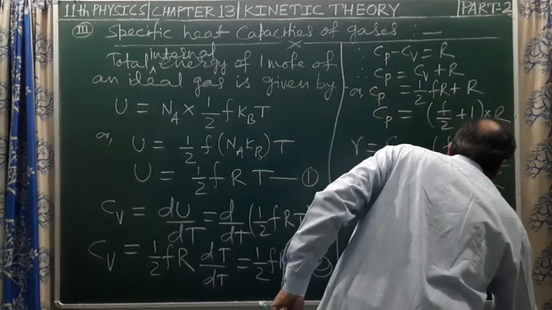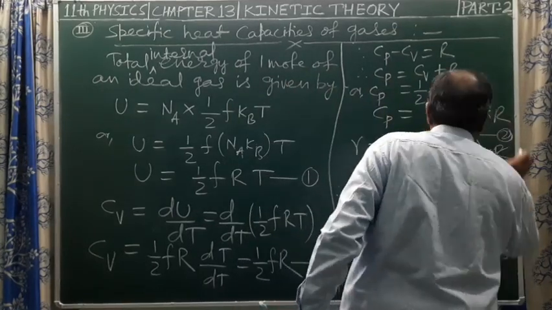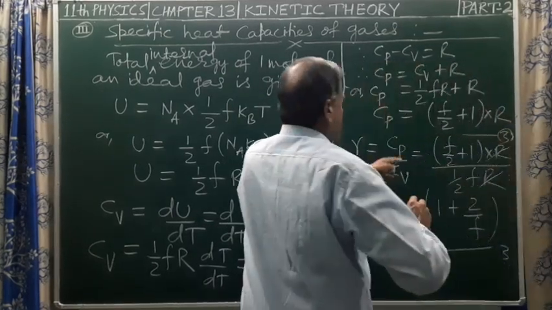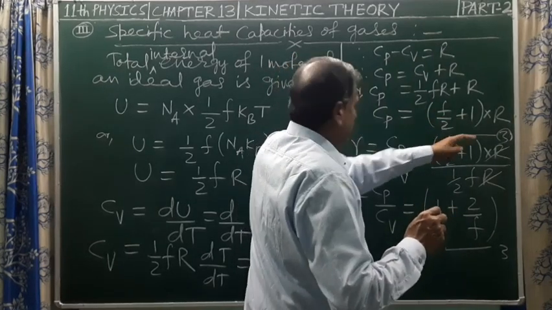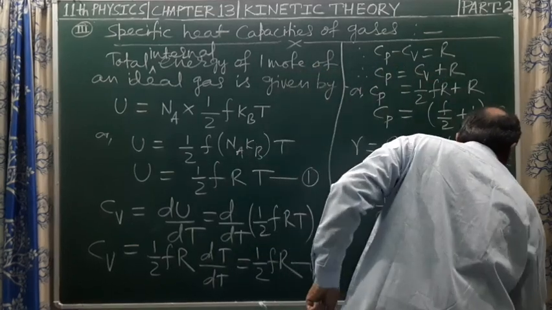Cp equals (f by 2 plus 1) multiplied by R is equation number 3, and this is equation number 4.